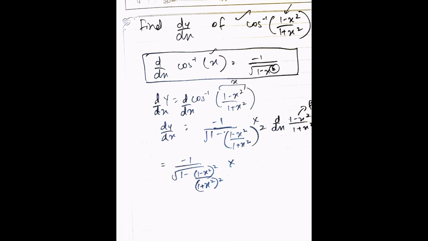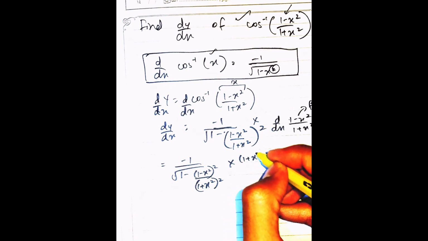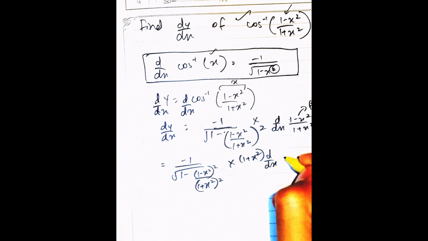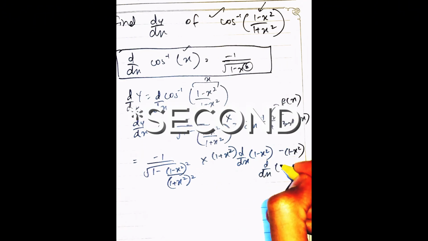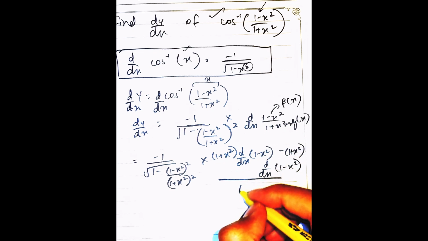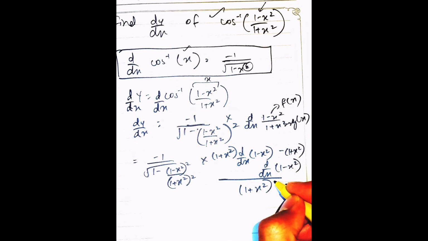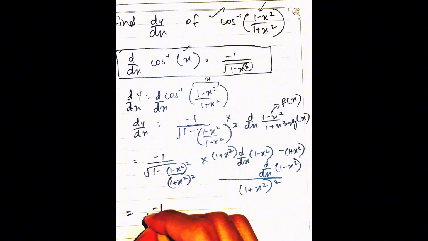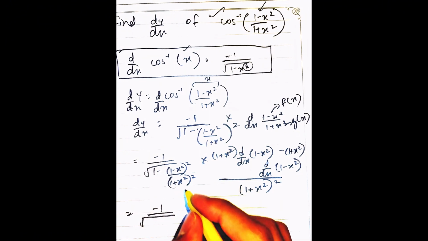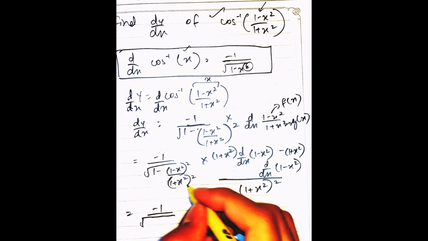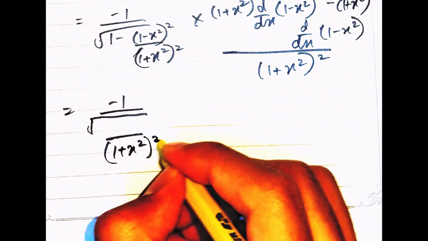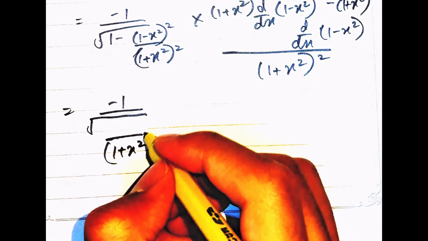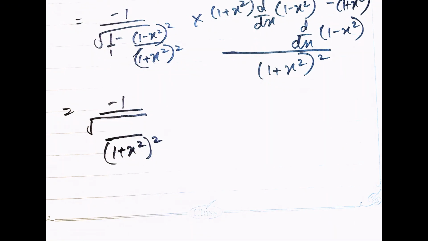This is my first function and this is my second function. So we can use the quotient theorem. So the second function as it is, derivative of the second function minus the second function as it is, derivative of the first function divided by the square of the second function. So the second function is (1 plus x squared) whole squared minus 1 divided by the square root of, now we can take the LCM. This term can be considered as an LCM. So we have (1 plus x squared) whole squared. This is 1, so 1 would be multiplied by (1 plus x squared) because in the denominator 1 we only have 1.